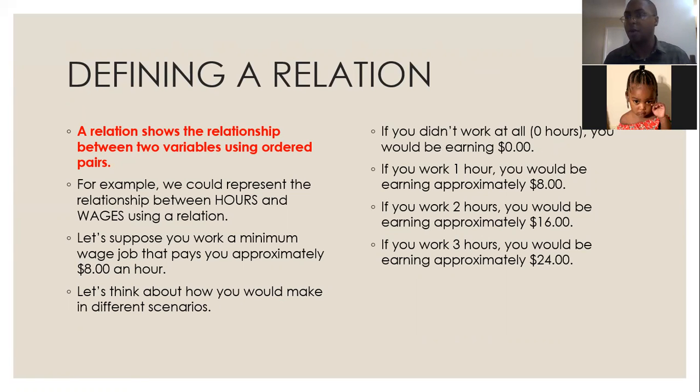Stuff you already know: if you work an $8 an hour job and you don't work at all, you get $0. If you work 1 hour, you get $8. Work 2 hours, you get $16. Work 3 hours, you get $24.